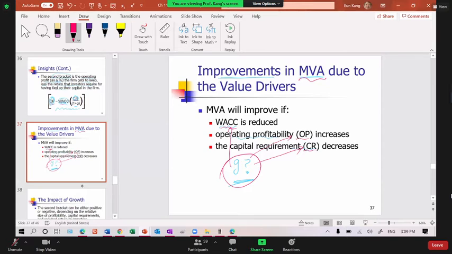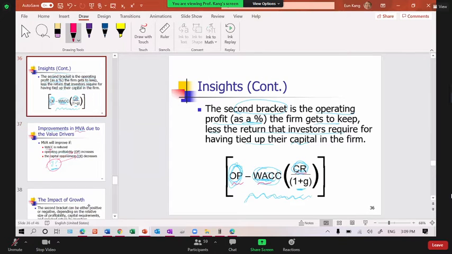How much g affects OP or WACC or CR affects the whole sign of this square bracket.